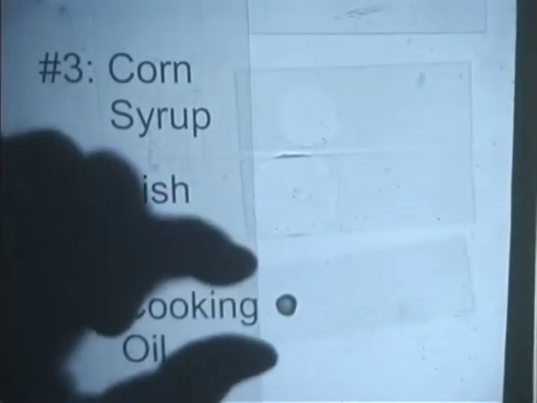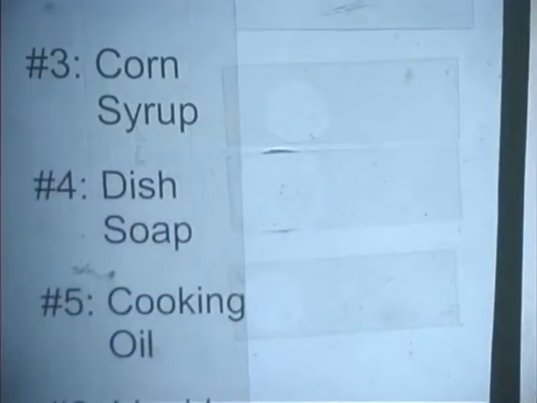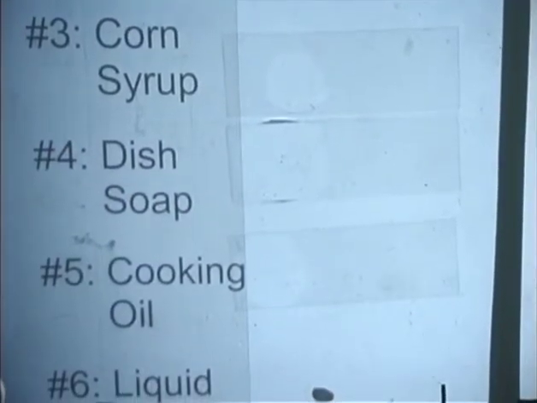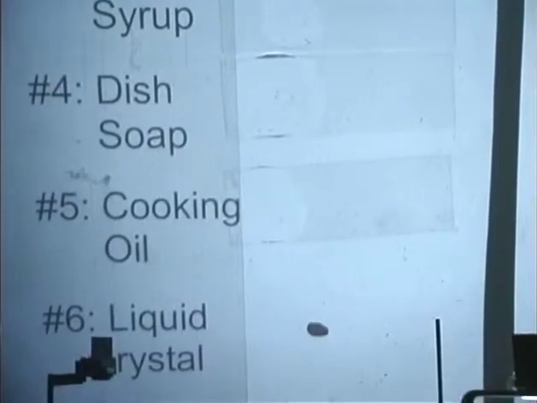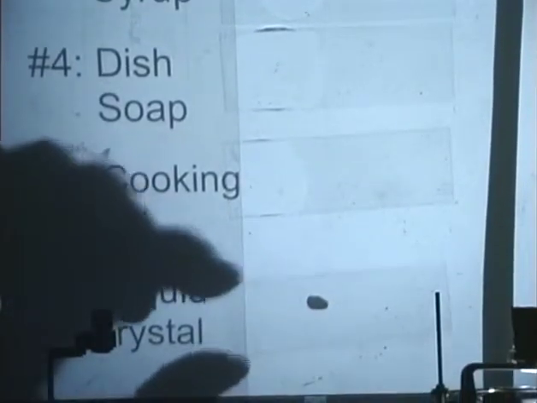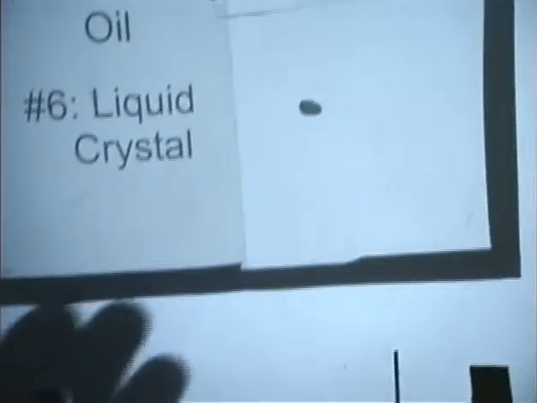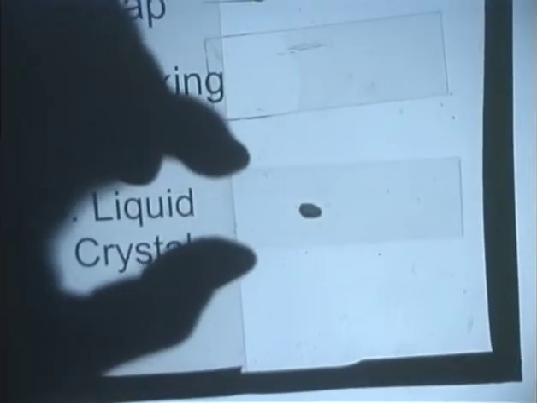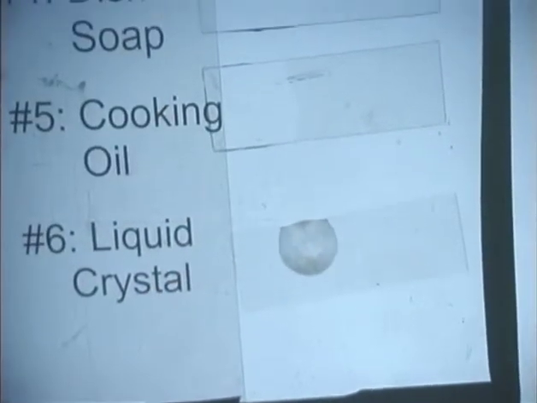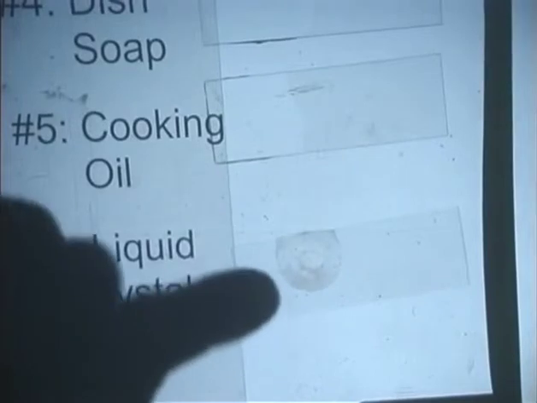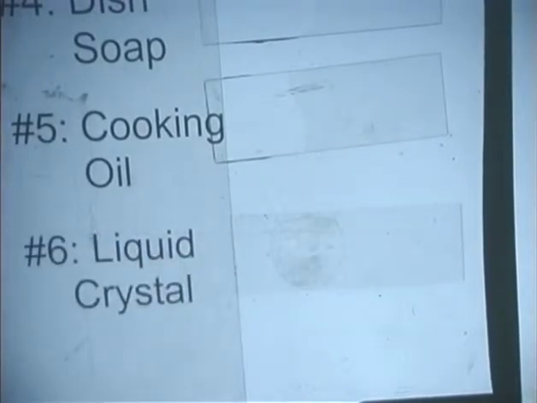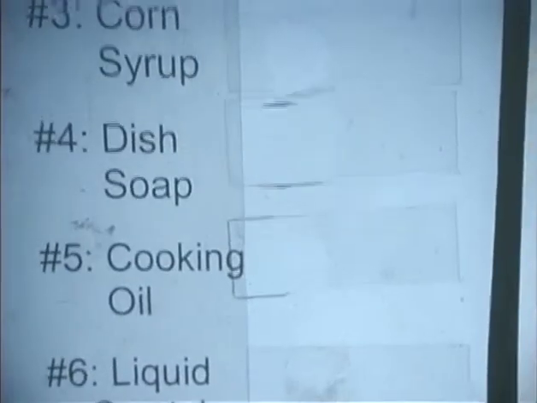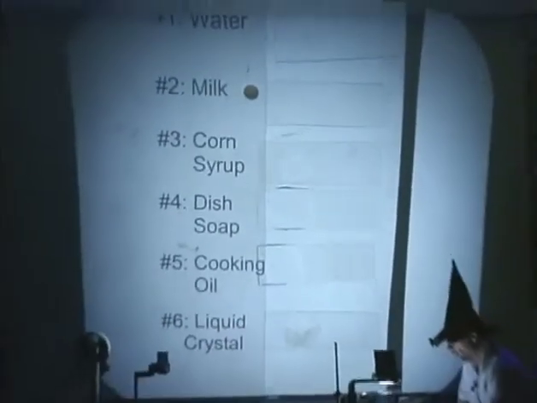Okay, cooking oil. Okay. And now our liquid crystal on the bottom here. Let me move this up so we can see what's happening. Okay, so now we got all the liquids between slides. So let's see what's going to happen now.